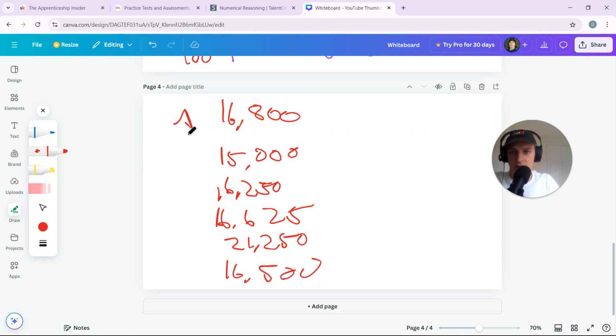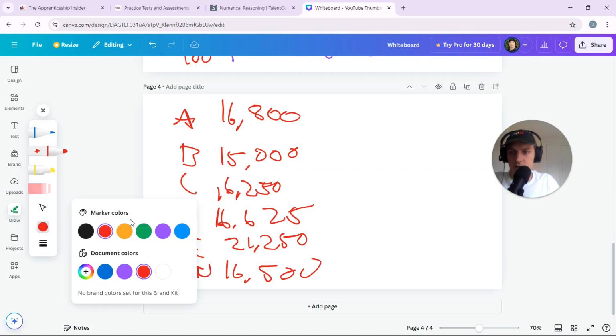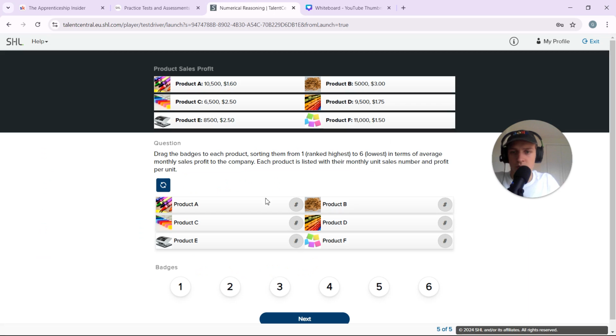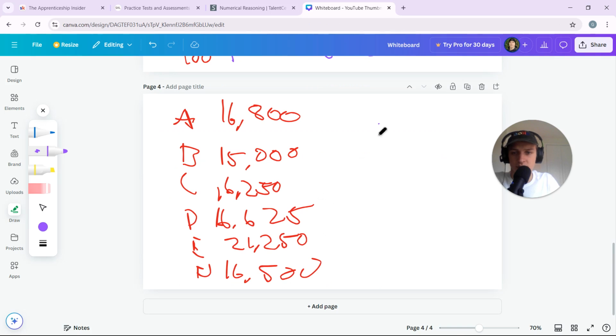Okay, so then you can look at this. So this is A, B, C, D, E, F. And we know that in order, we're going from 1 highest and 6 lowest. So starting at the highest will be E. Cross that off. Then it's going to be A. EA Sports.